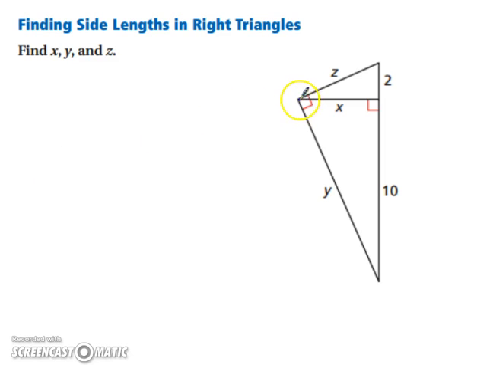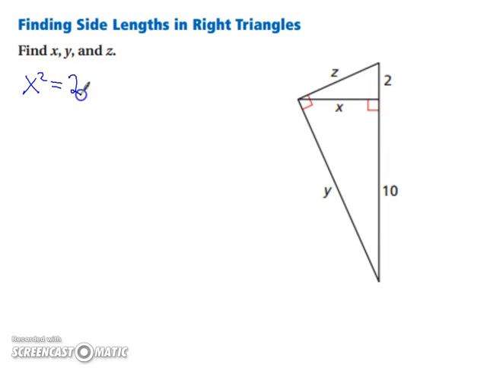Well, we have the h, which was the one on the inside, so in this case we're using the letter x. So x squared equals, and then we look at our longest side here, which is 2 and 10, and we multiply the two small pieces.